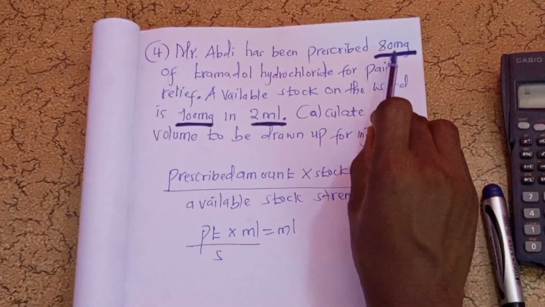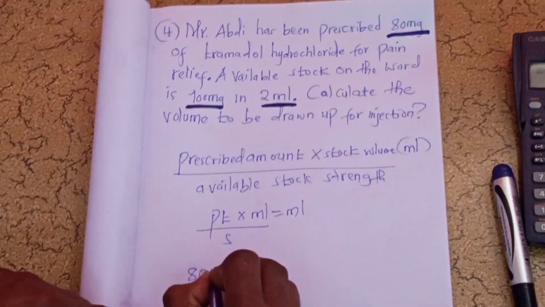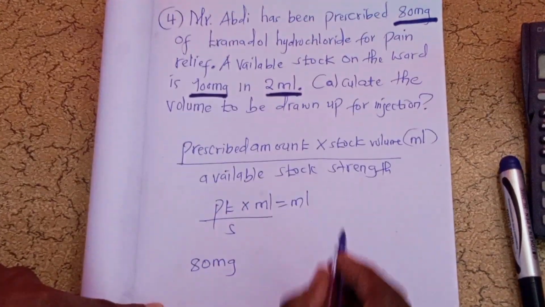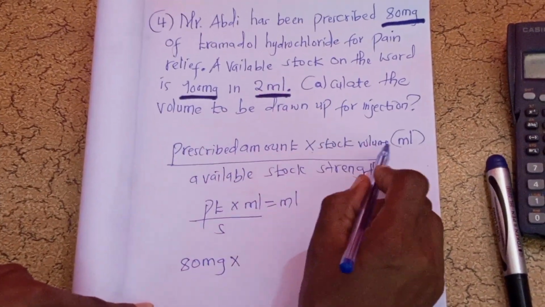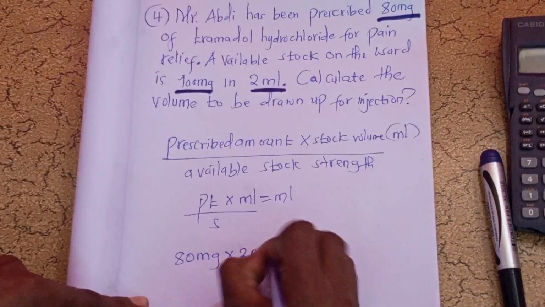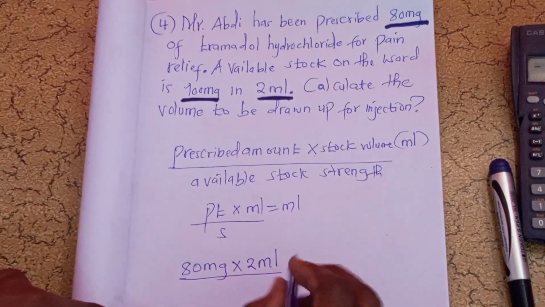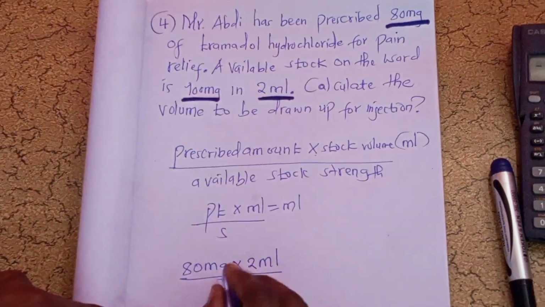Our prescribed amount is 80 mg. Let us write here 80 mg multiplied by the stock volume, which is in ml, which is 2 ml, all over divided by the available stock strength, which is 100 mg.